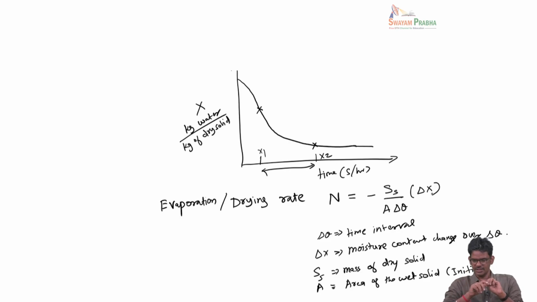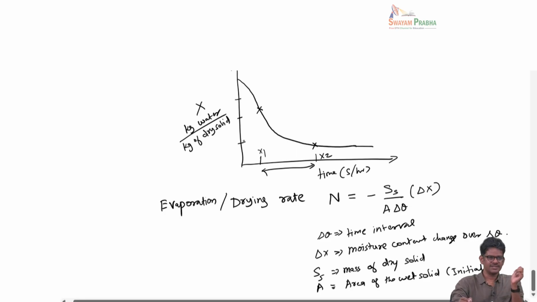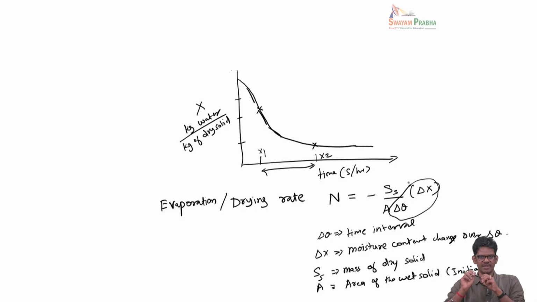Okay, so now what we can do, I can go to different x values on the y axis, and I can draw a slope of this line over many x values. Okay, so that slope is nothing but delta x by delta theta, and this S by A, that is a constant. So what I can do is, using this raw data at a different moisture content X, I can find the slope.